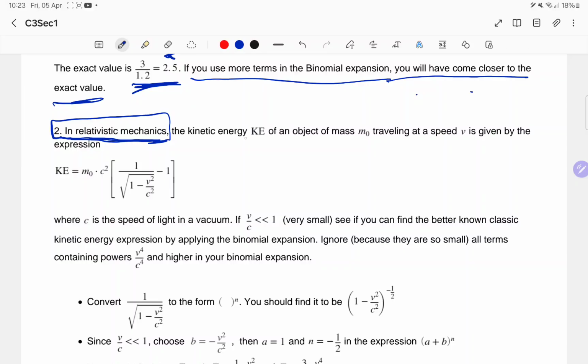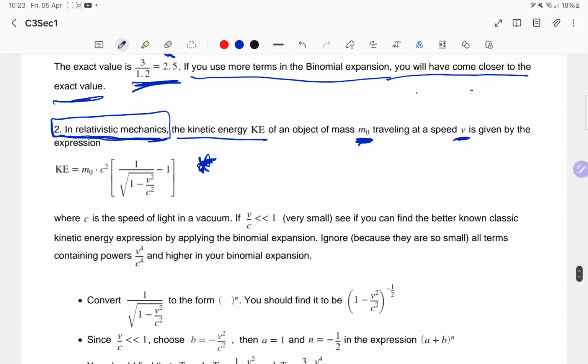So the kinetic energy, which we denote Ke, of an object of mass, which we denote m naught, traveling at a speed, which we denote v, is given by this expression, where c is the speed of light in a vacuum.